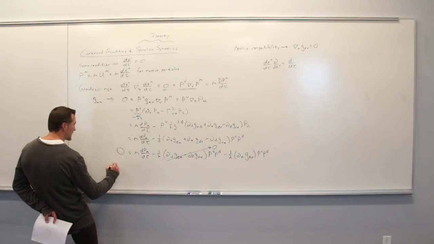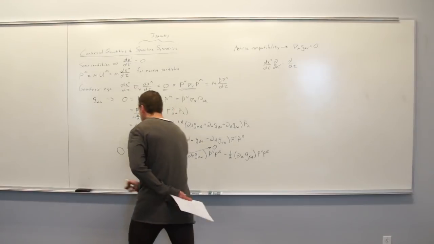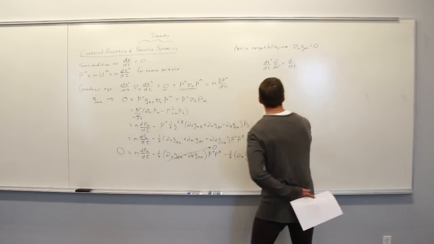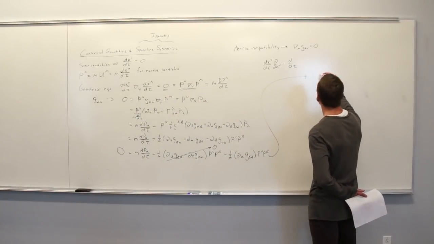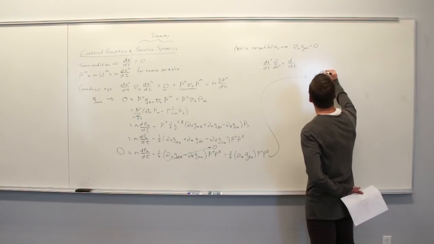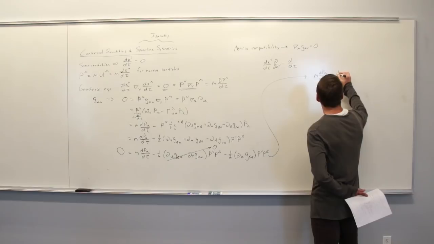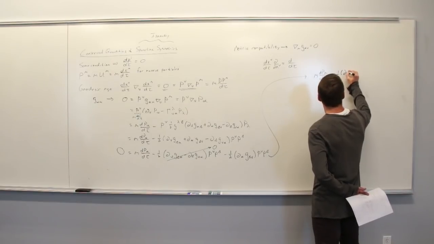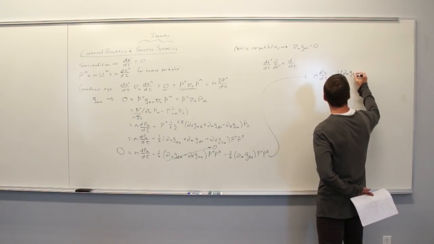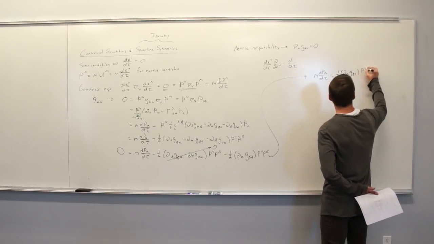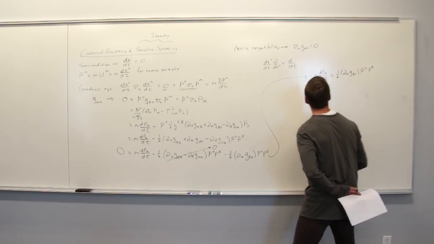And so that means I can rewrite this and say that m dp alpha d tau is equal to 1/2 partial alpha g beta nu p nu p beta. Okay?